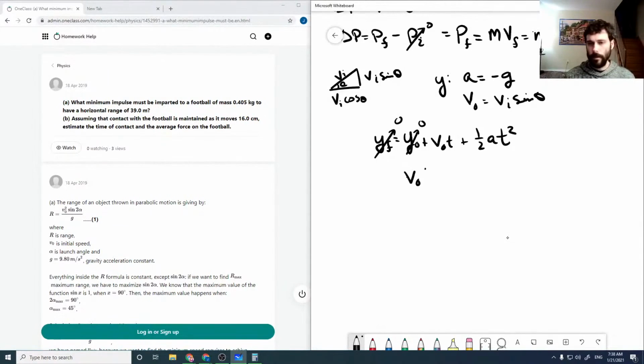So our V naught t is equal to minus a half a t squared. We can take that out. And our a is minus g. So then our t is our V naught, which is vi sine theta, times 2 over g.